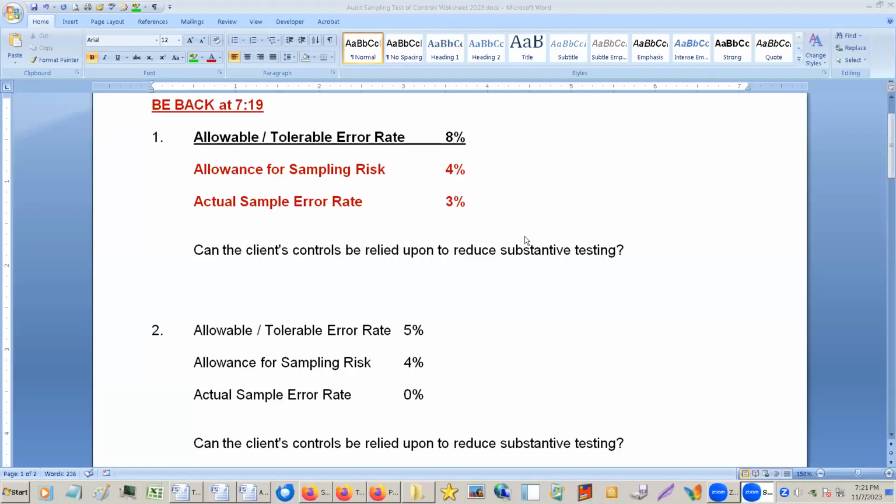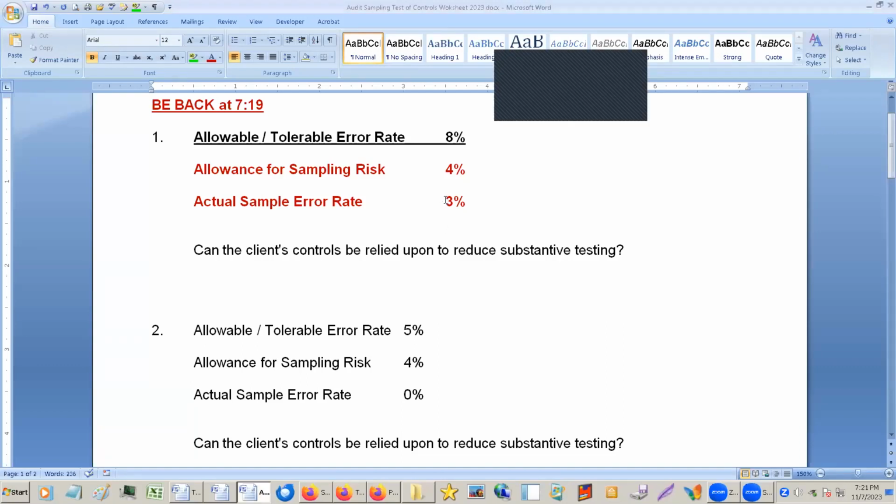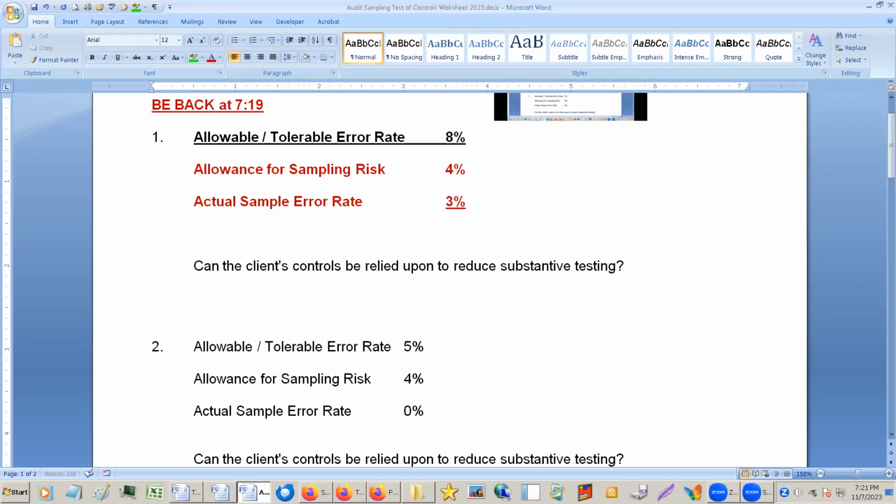We usually do it in error rates or percentages. Okay, so if we add these two together, this will be our upper limit on the, what do you say?